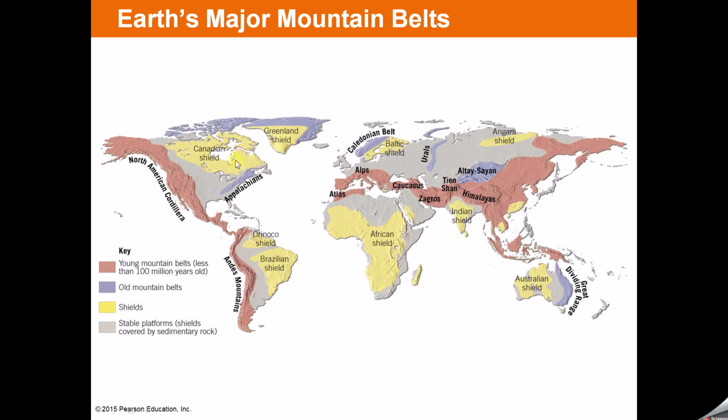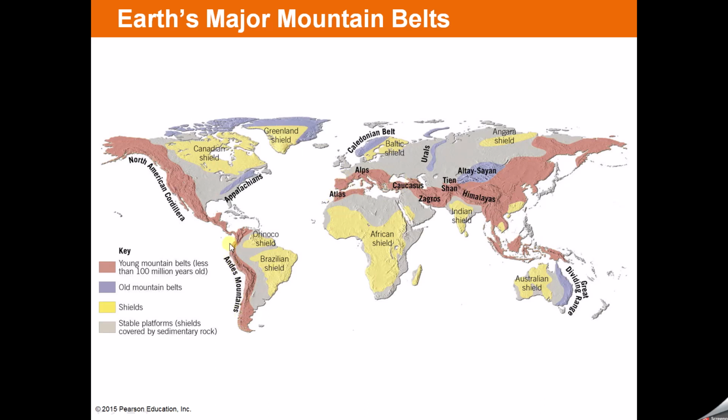So if you look at this map, we have young mountains in a brownish color. So this is the Alps, Atlas, Caucasus, Zagros, Himalaya, all these mountain chains connected, and they are young, the same mountain chain.